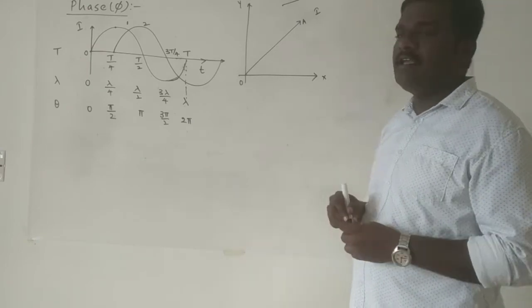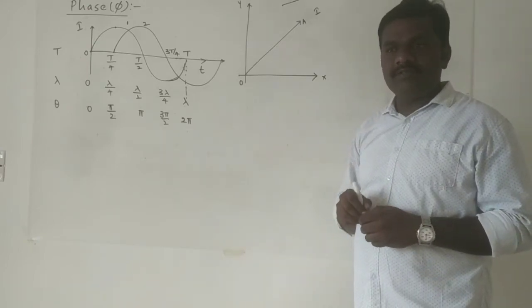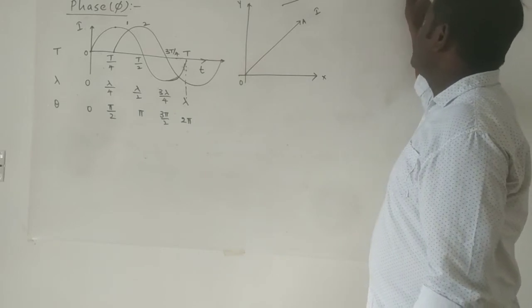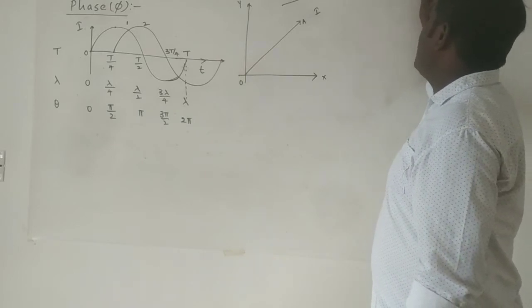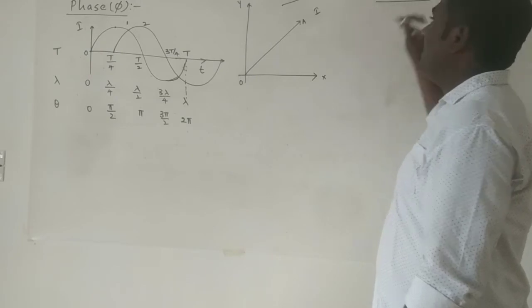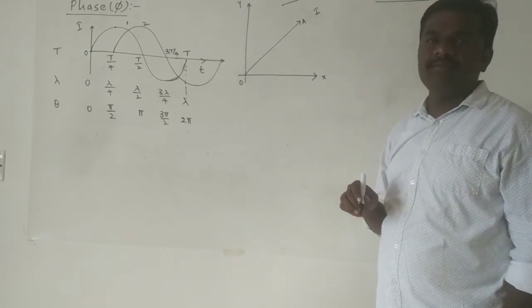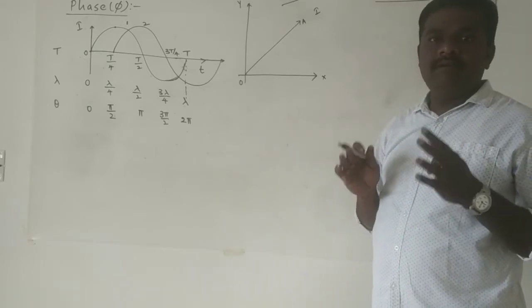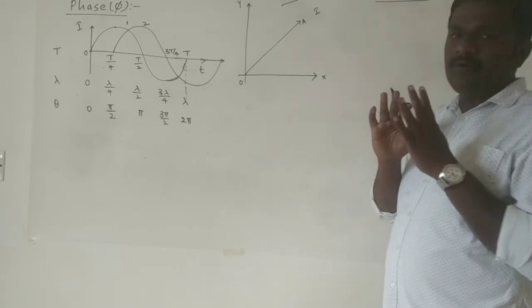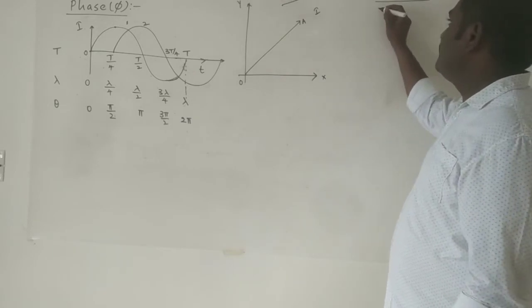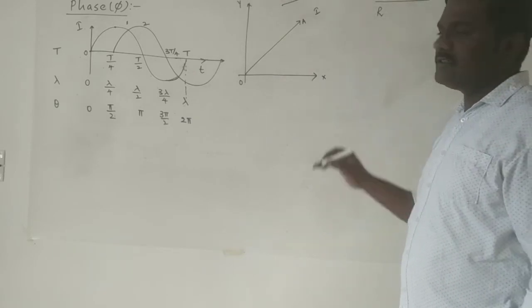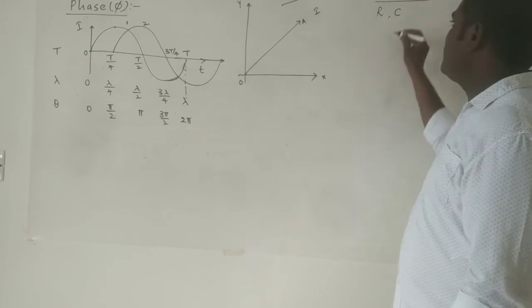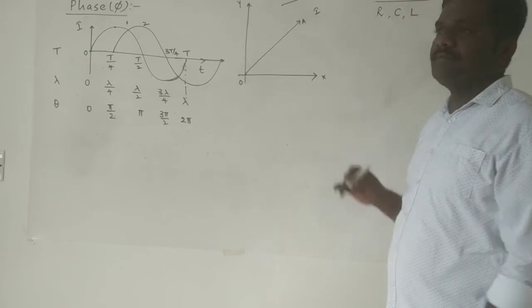Now let us get into the AC circuits. So what are AC circuits? Circuits which operate on AC current are called AC circuits. You know, any circuit is completed with certain elements. The most essential elements are three. One is resistors, second is capacitors, the third one is inductors.